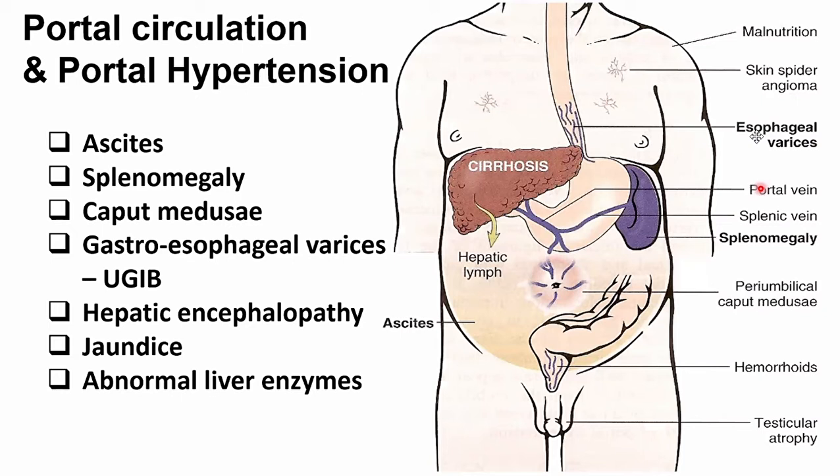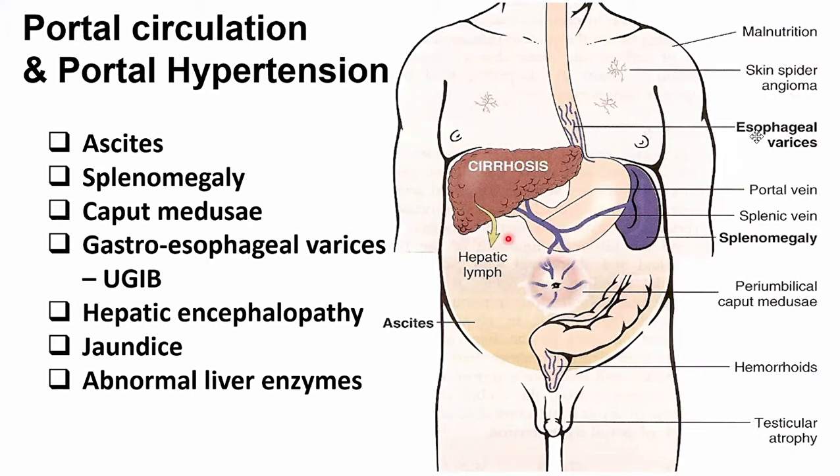Portal circulation. Do you remember portal circulation? Ito yung mga venous drainage coming from the stomach, from the spleen, from the pancreas, from the large intestine, from the small intestine. The venous drainage all goes to the liver.